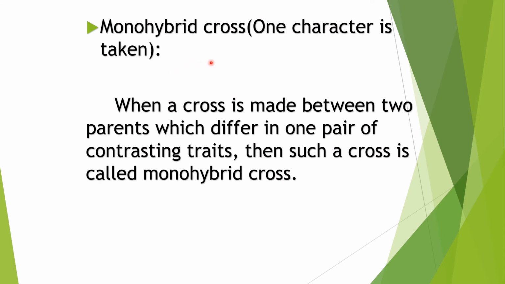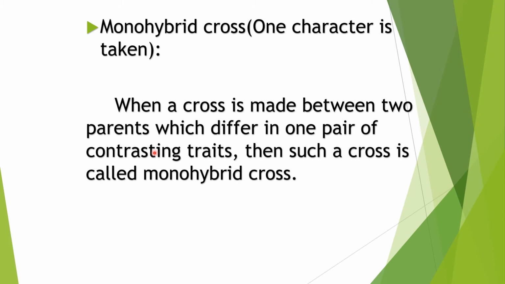Monohybrid cross. What is monohybrid cross? When a cross is made between 2 parents which differ in one pair of contrasting traits, then such a cross is called monohybrid cross.